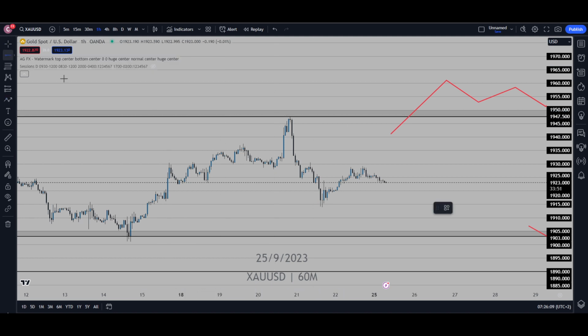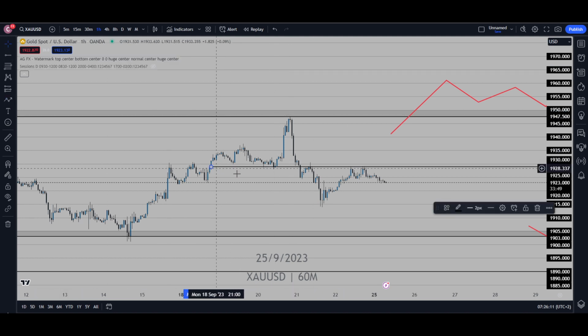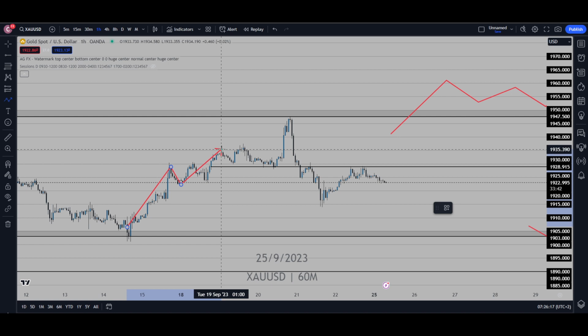and with gold breaking some of this structure here, like I say, we were moving bullish on the intraday time frames, forming higher highs, higher lows, and then we essentially just formed a bit of a range here. This FOMC was like a bit of a fake out, just grabbing some liquidity from 1950.